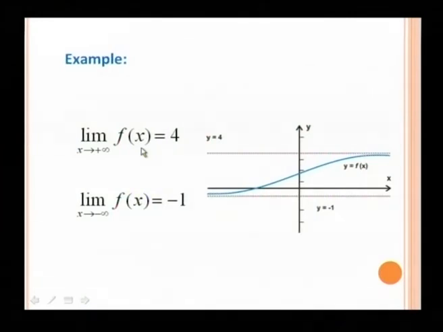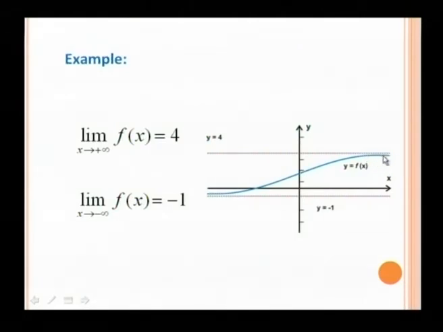Let us understand the concept of limit at infinity through some examples. If we have a specific function f of x and we have this graph for this function, you can see that for limit x tends to plus infinity f of x, our function value approaches 4, which is clear from this curve.